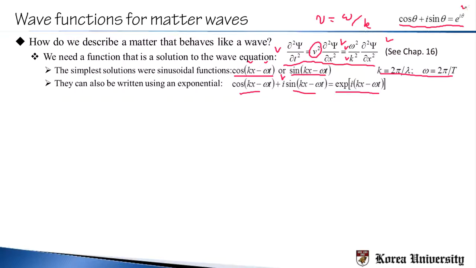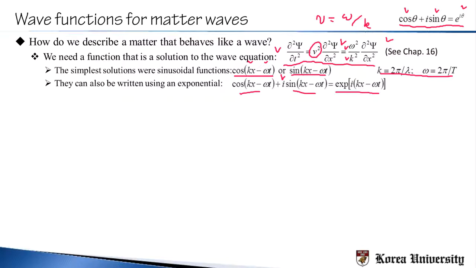Exponential of i theta is equal to cosine theta plus i sine theta, because this is a very famous equation in mathematics, and probably you will see it many times in many different areas. So I strongly recommend you to remember this.